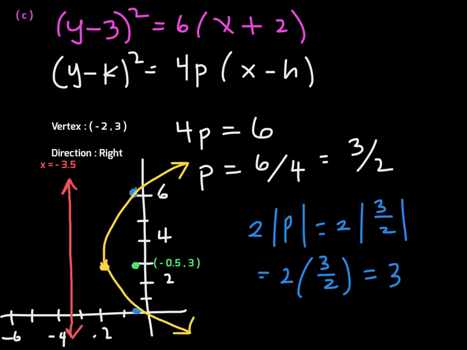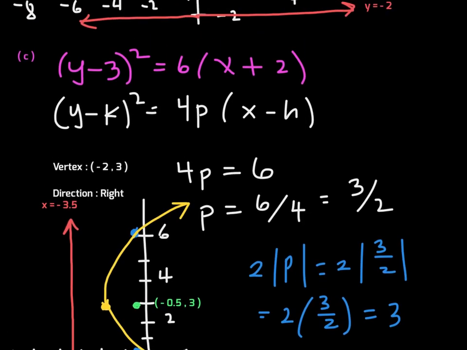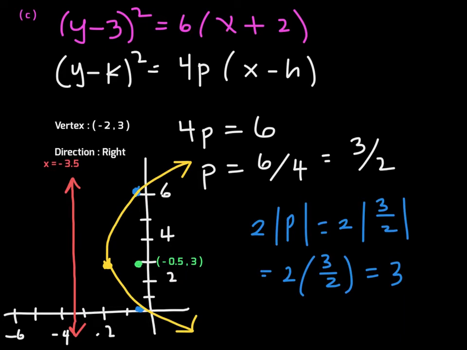Your latus rectum is the line segment that's going right through the focus, whose endpoints are on the parabola. Okay, let me give you the coordinates for those 2 points that are the endpoints of the latus rectum.